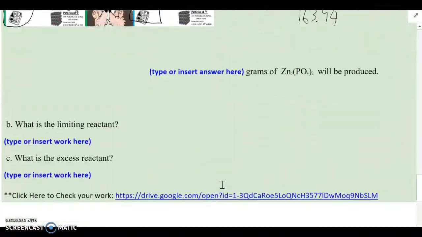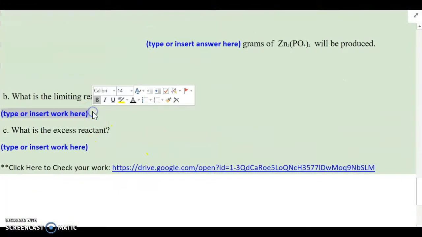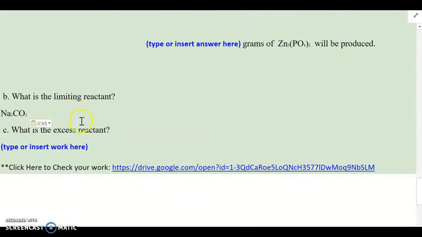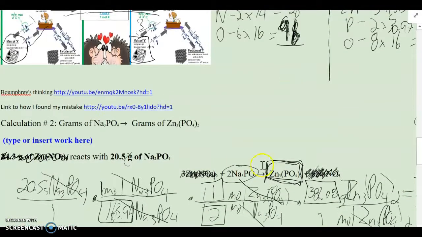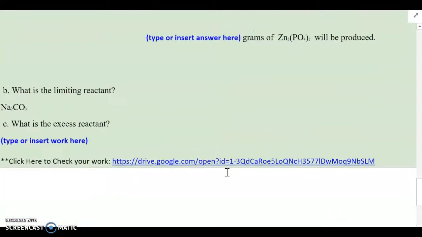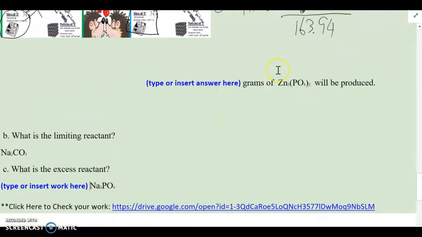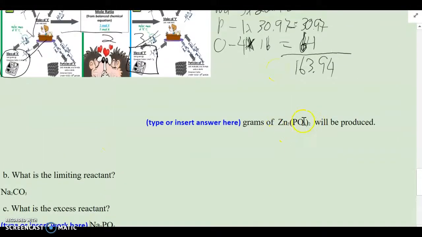My excess reactant is just going to be my other one. Just copying and pasting, so I don't have to memorize. Great. And then my answer is how many grams of Zn3(PO4)2 will be produced. I have to go with whatever the answer was for Zn(NO3)2.